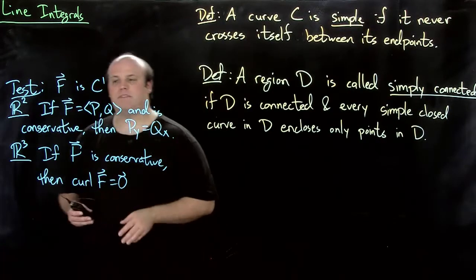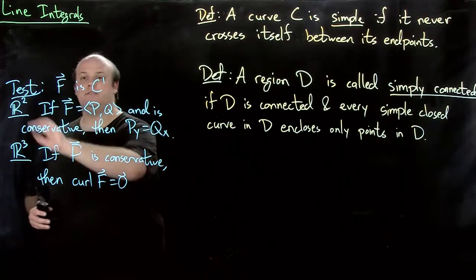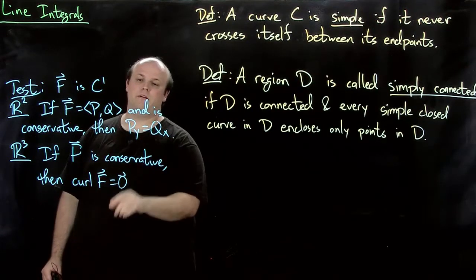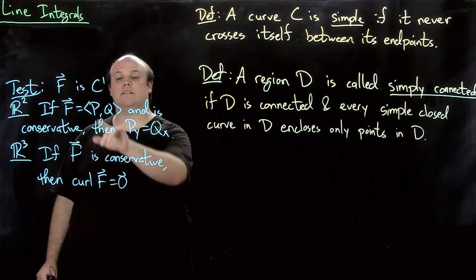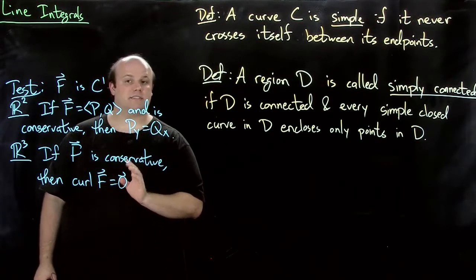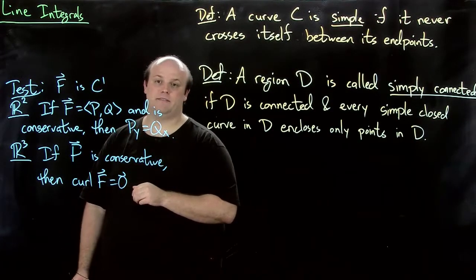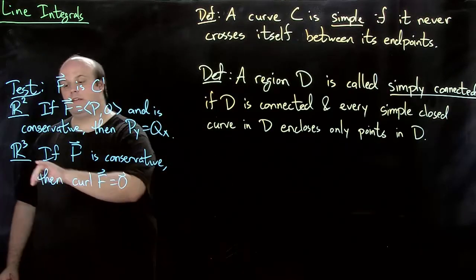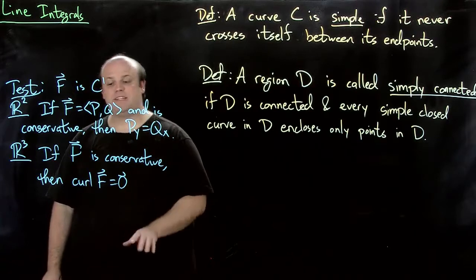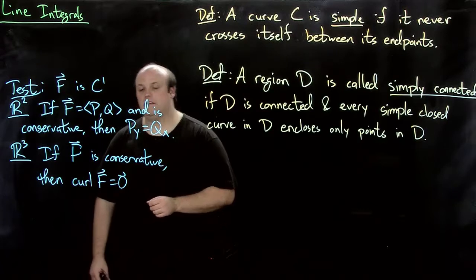For a C1 vector field in the 2D case, if a vector field F is given by P, Q and the vector field is conservative, then this must be true: Py equals Qx, okay? Now in R3, if we have a conservative vector field, then it must be true that the curl of that vector field is 0. All right?